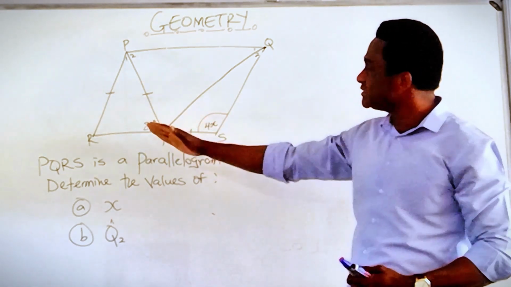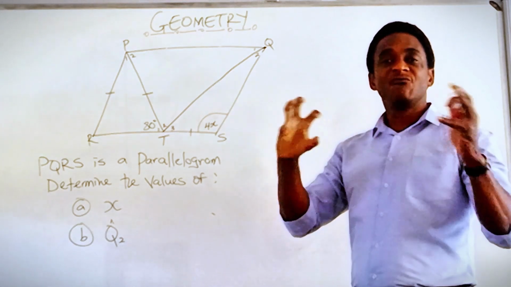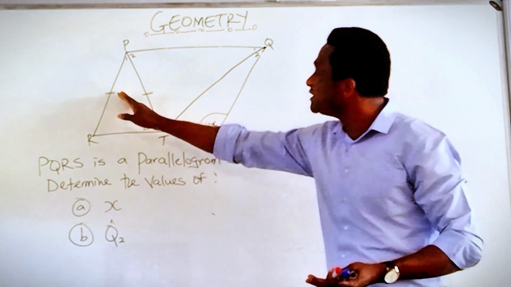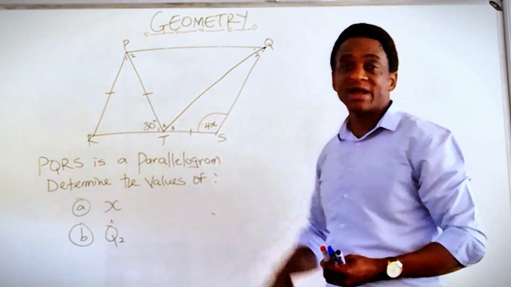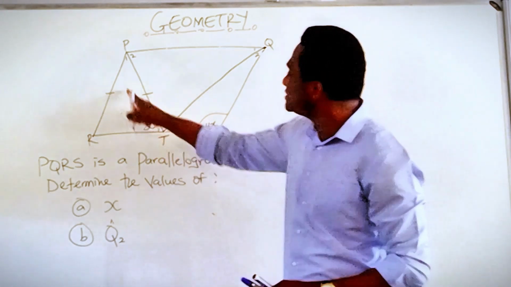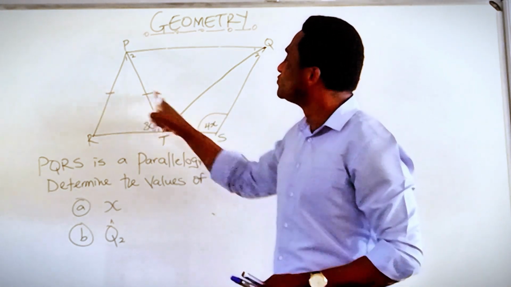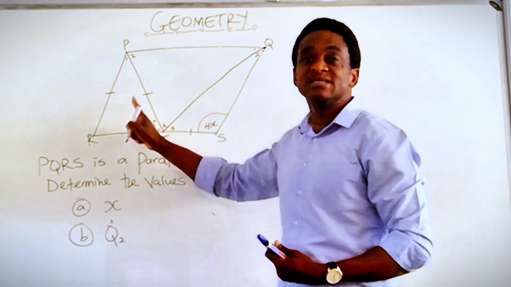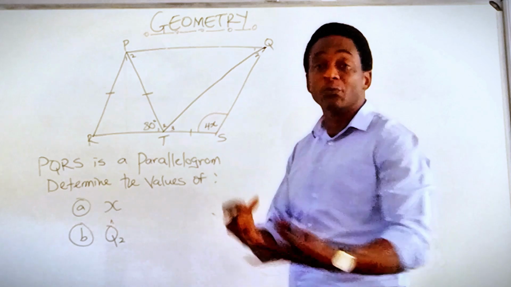Now looking at that section, remember every part of geometry comes into play here. So we consider what we have here, which is a triangle. Now, what type of triangle is that? If we look at this, we see that we have two opposite lengths equal. It means that this is an isosceles triangle. So we bring that in.